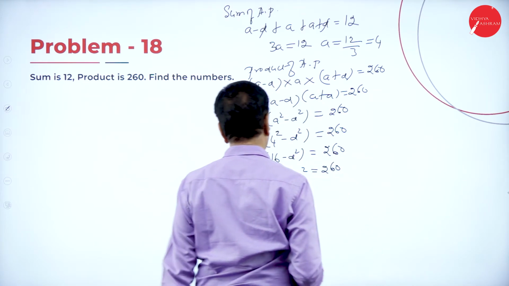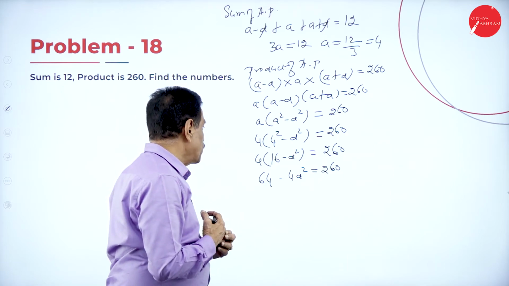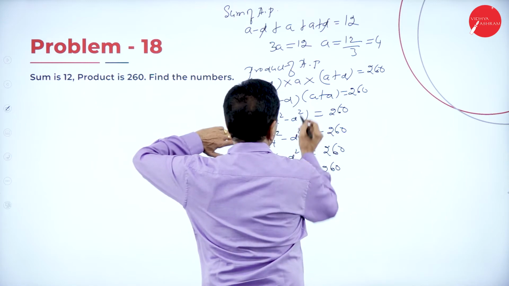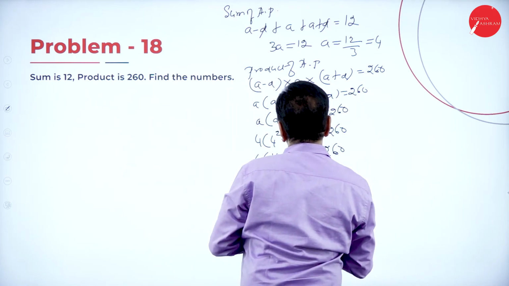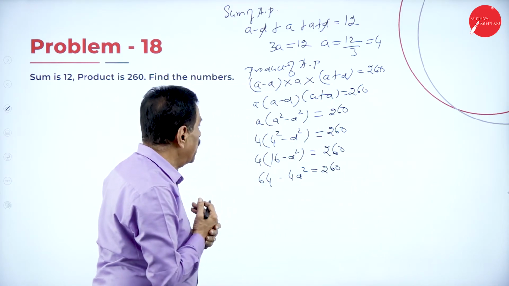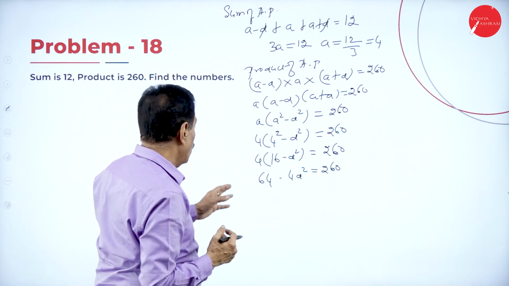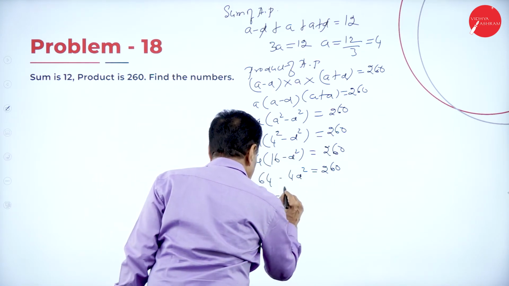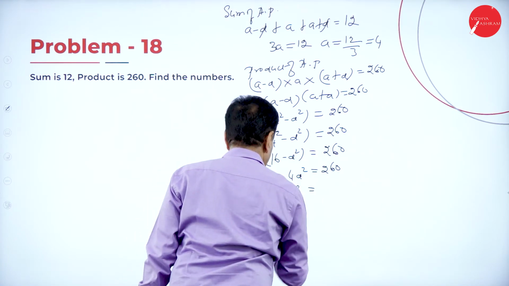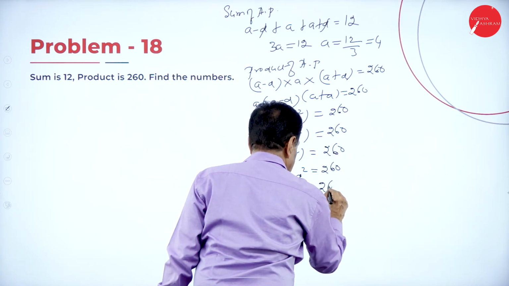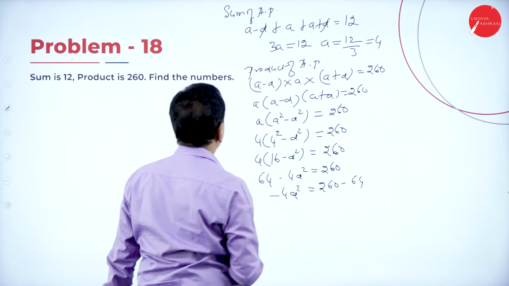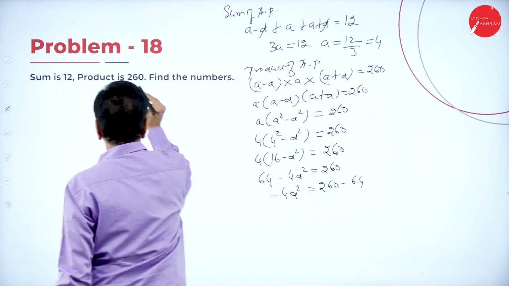A minus D into A plus D is A square minus D square. So 4 square, 64 minus 4D square is 260. 260 minus 64. So this is minus 260.